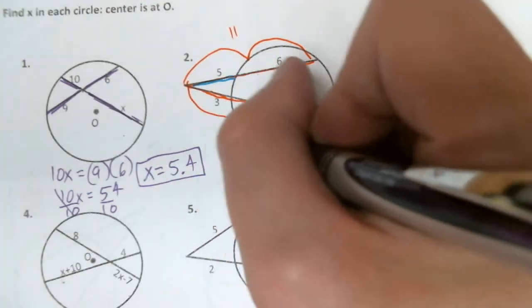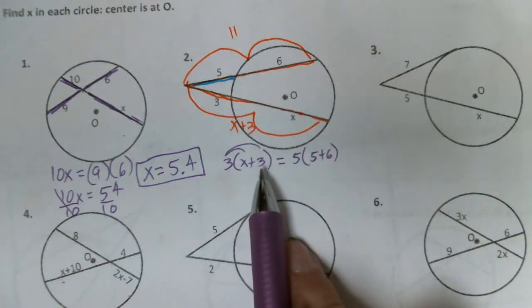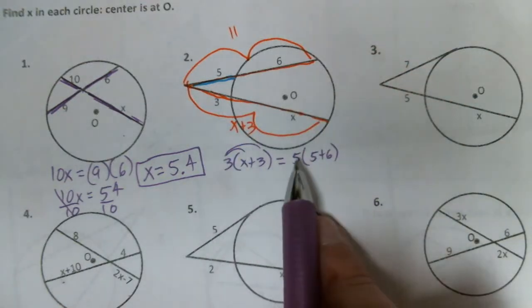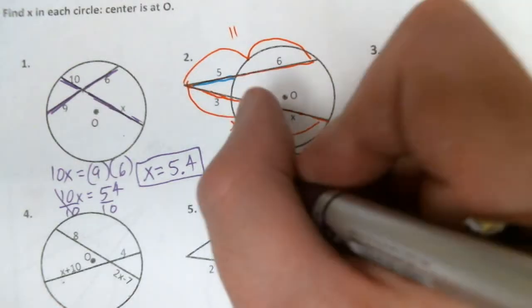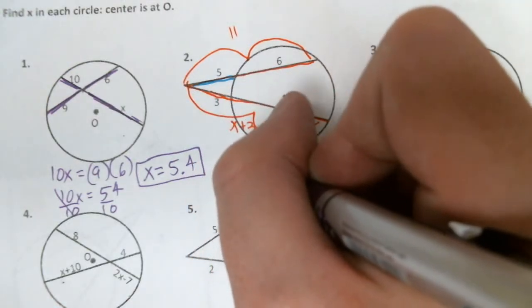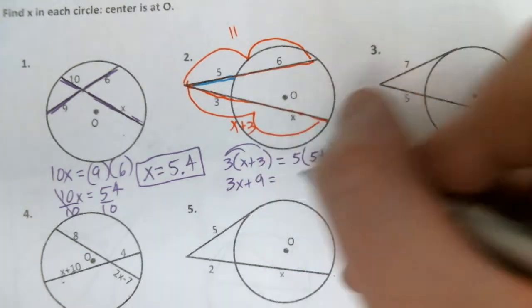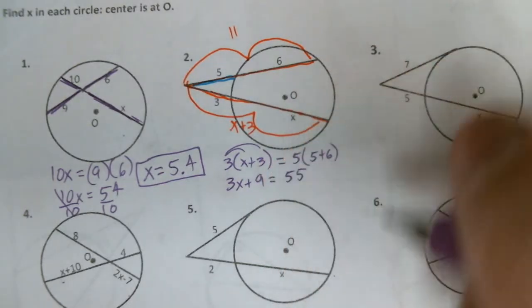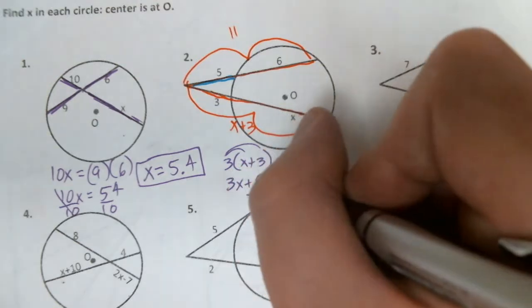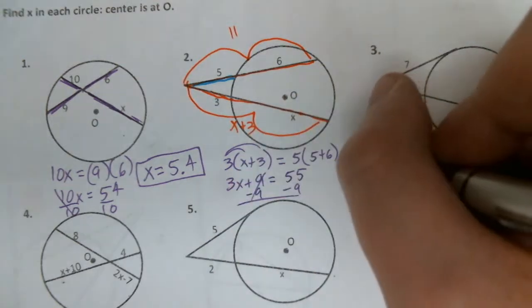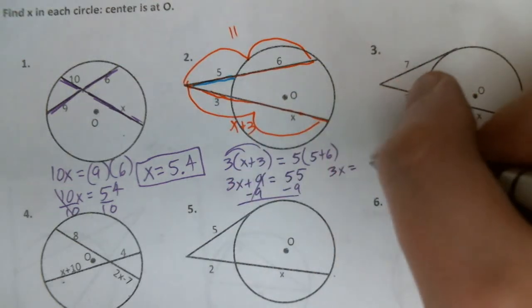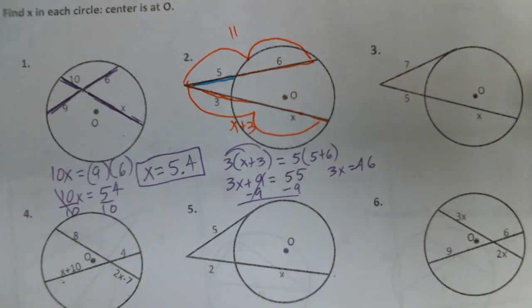Okay, let's go ahead and distribute. Look, this is what I'm talking about, guys. I'm the teacher, and I'm still doing this. I still do this, just to make sure I am distributing to each term. 3x plus 9 is equal to 5 times 11, which is 55. Let's subtract 9 from both sides. I will get 3x is equal to 46.